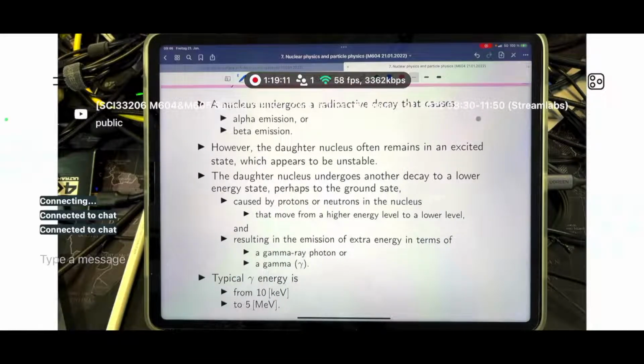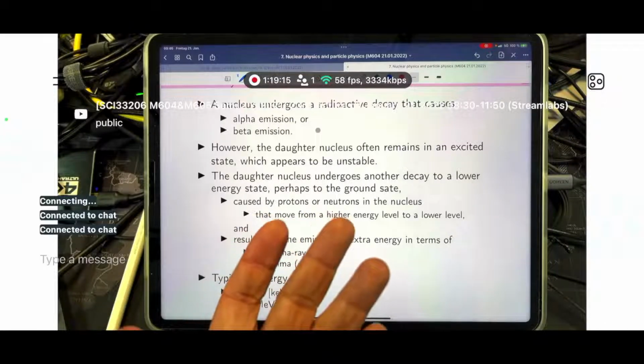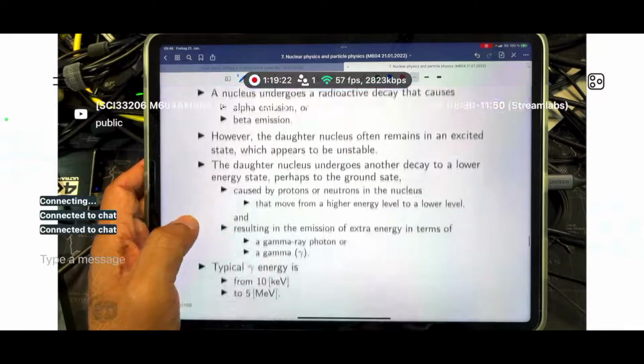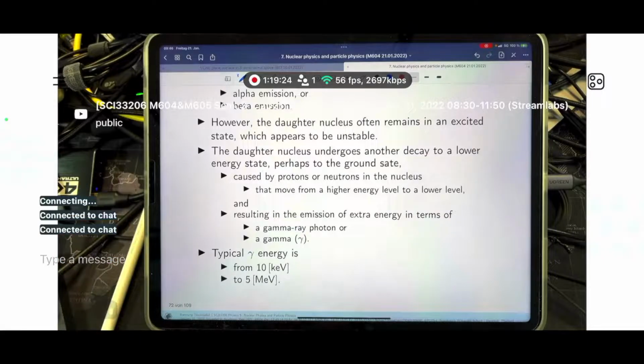Gamma decay could take place after the alpha emission and beta emission. The two former processes may take place first, and the gamma process will follow later. However, the daughter nucleus often remains in an excited state, which appears to be unstable.